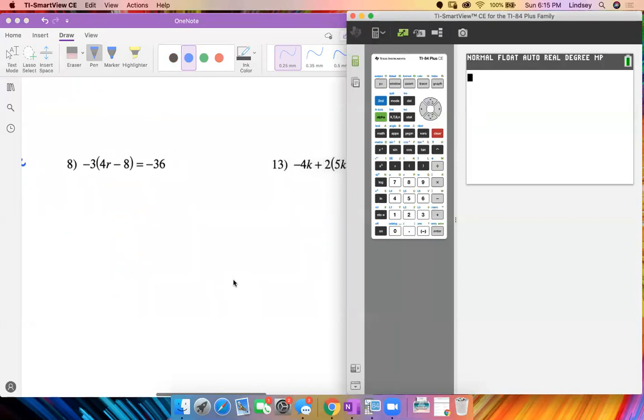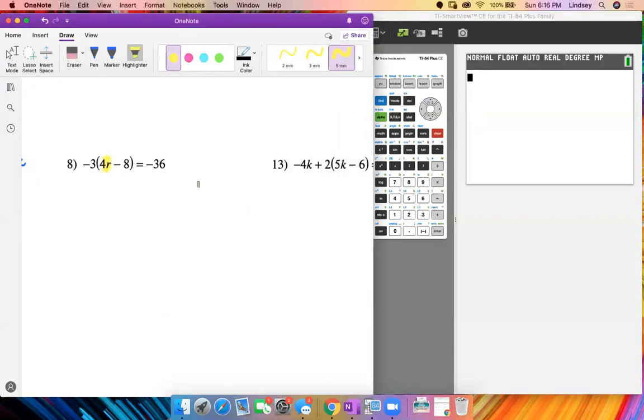All right, next one. All right, this time I see that I only have one variable, so I don't have to combine any like terms right off the bat. But I also notice that I have a parentheses. So I have to remember what that's called when I have a number right outside of a parentheses.